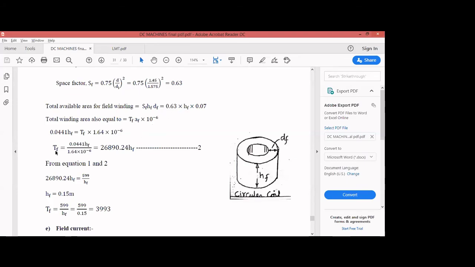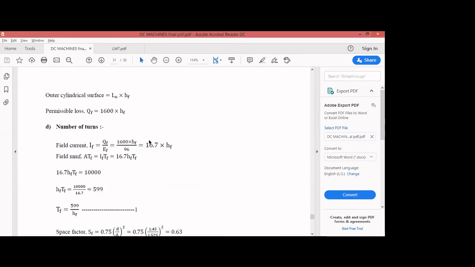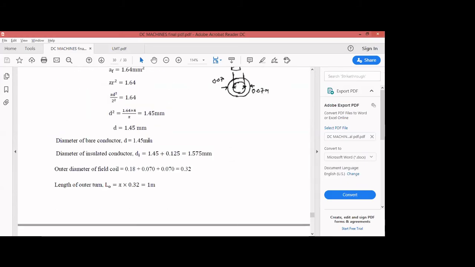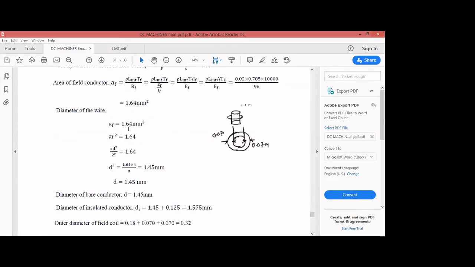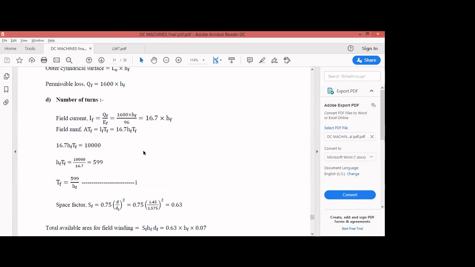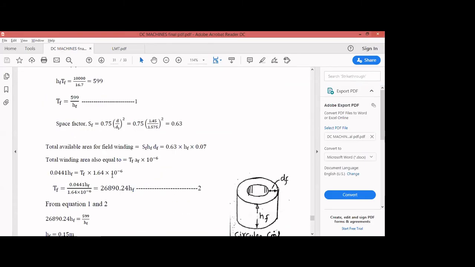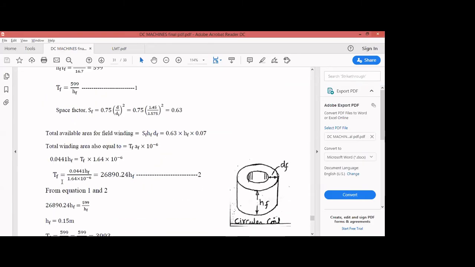Equating these two, what I got? 0.0441 HF equals TF into 1.64. AF is nothing but what? AF you calculated here for the conductor. What do you get for AF here? AF is 1.64, into 10 power minus 6. So what is TF now? TF is equal to 26,890.24 HF.